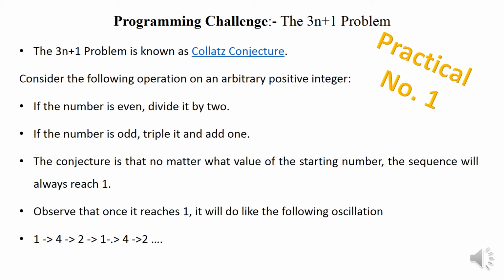Then we get 4. 4 is an even number. Divide by 2. We get 2. And last, 2 is an even number. Then 2 divided by 2, we get 1. So friends, we start from n is equal to 12 and finally we get 1. So until 1, we executed those iterations.